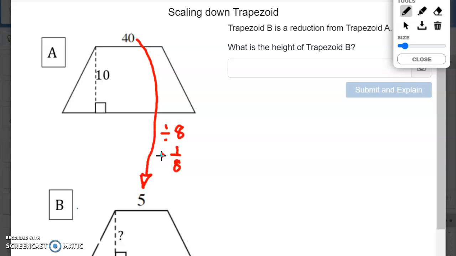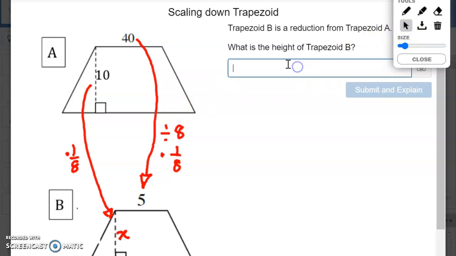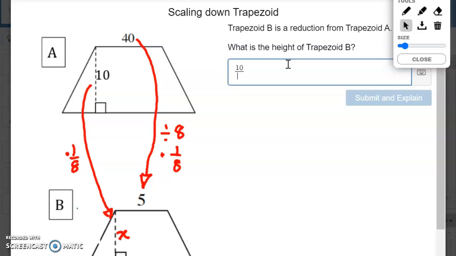So then what is this? If I say this is going to be the x, what am I multiplying to go from 10 to this height? I am multiplying by 1/8. So it's going to be 10 divided by 8, or 10 multiplied by 1/8, which is 1.25.